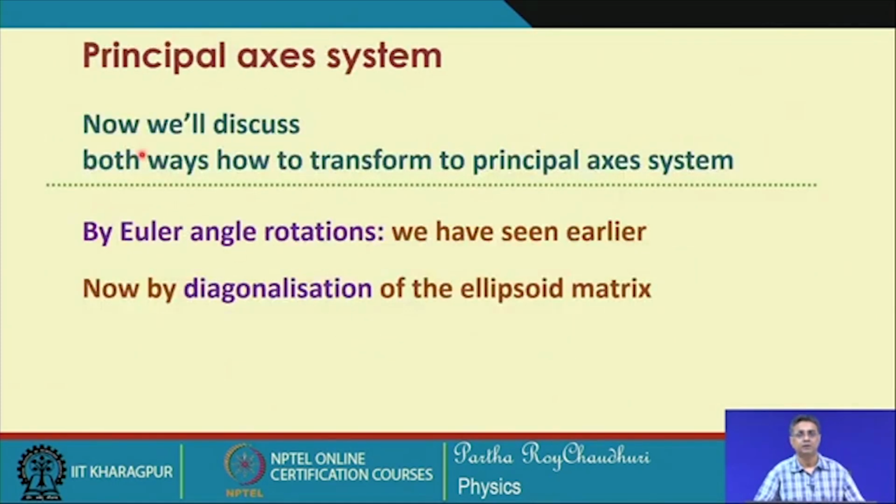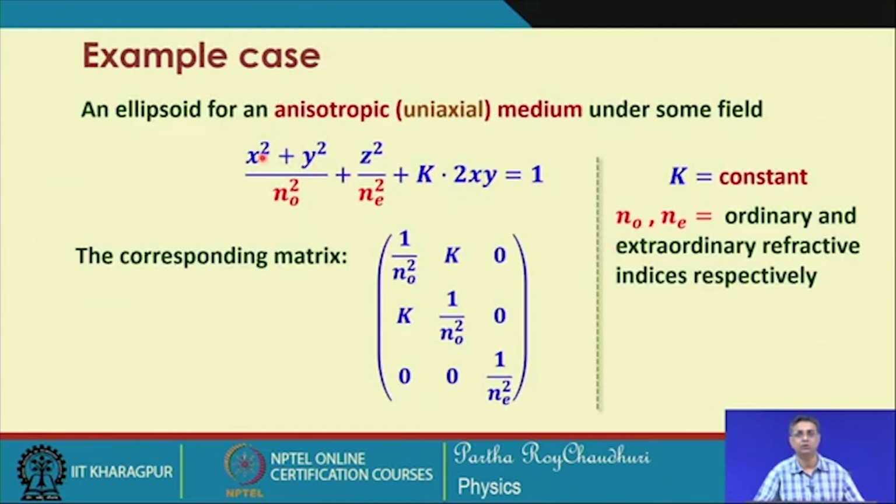So, in both ways we will take an example, and we will use both the methods to see how the changed ellipsoid can be made coincident with the principal axis system. First, we have already seen the Euler angle rotation, but we will make a quick visit of it in order to make a comparison with the matrix diagonalization process.